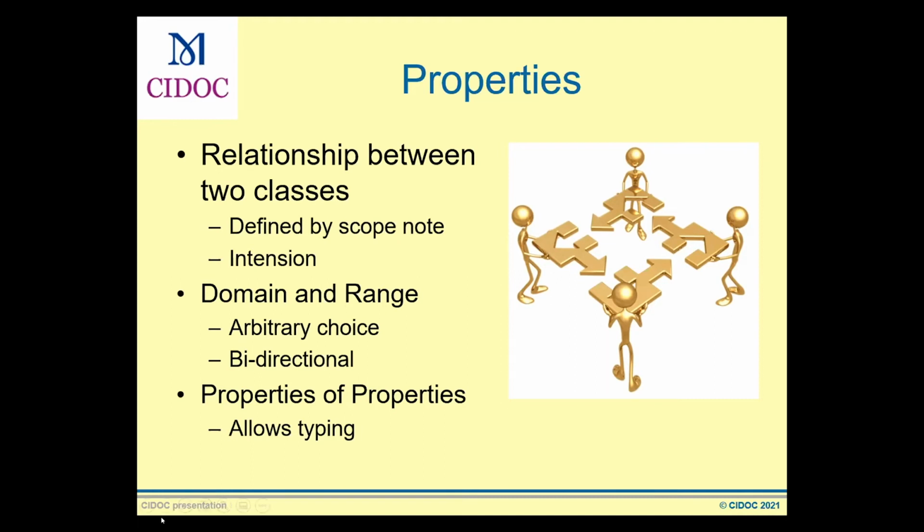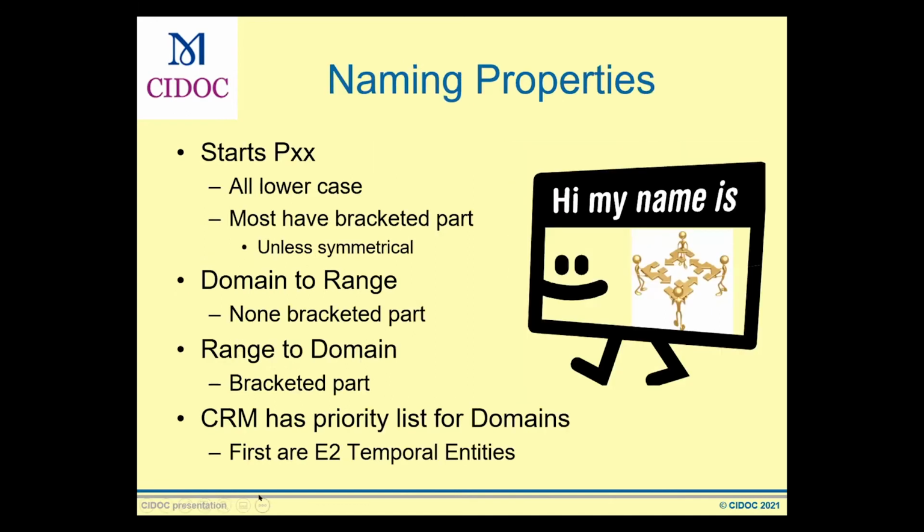So if we go on to look at how we name the properties, they're a bit easier. They start with the letter P and then a number. They're always all lowercase, whereas the class names have uppercase starts to the words, and they have a bracketed part, which is what happens when you're reading from range to domain.